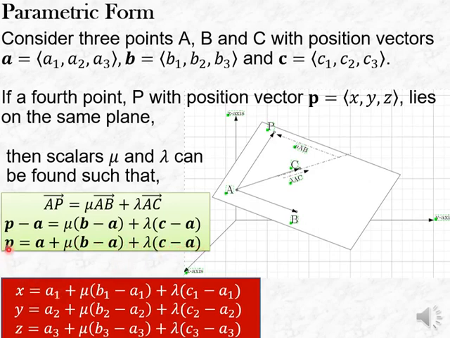So if we substitute the components of P, which were x, y, z, because now this is in vector form, these are vectors, this is another vector form of the equation of a plane.